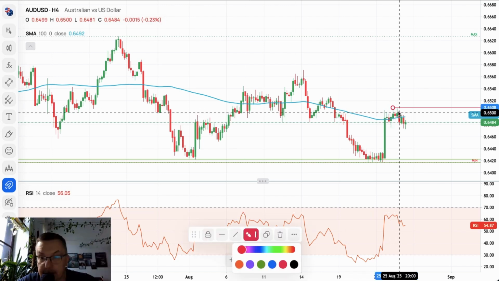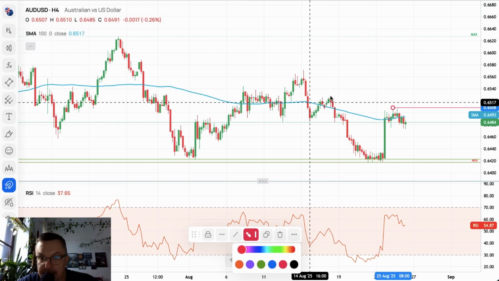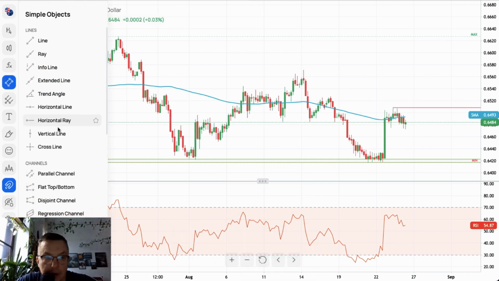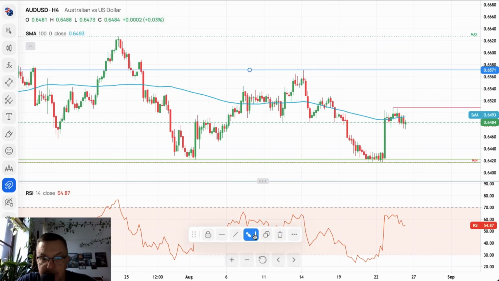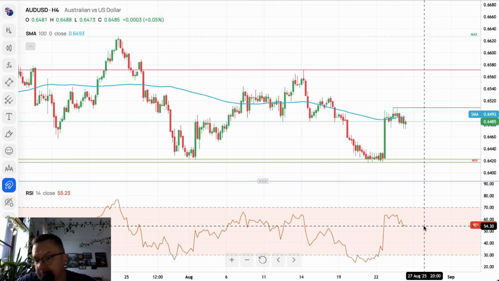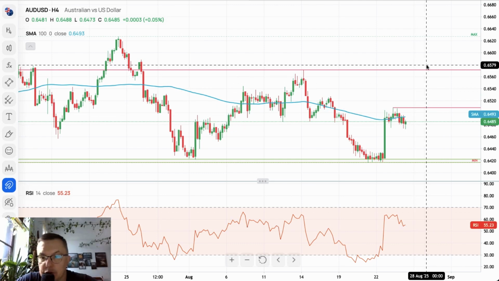So any breakout above this technical resistance will open the road towards 0.6527 and the swing high from August 14th at 0.6571. Right now, nothing like this is happening, despite the fact that the momentum is quite strong, 55 points, so the momentum is positive. There is still a chance for the bulls to rally higher.